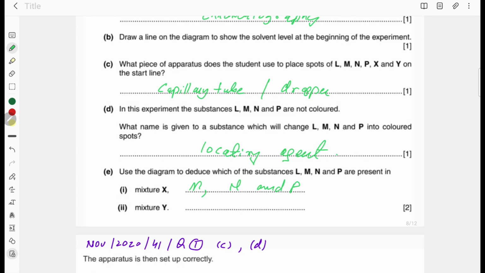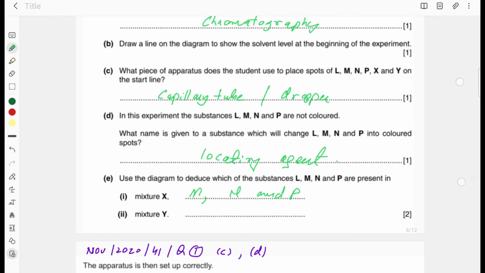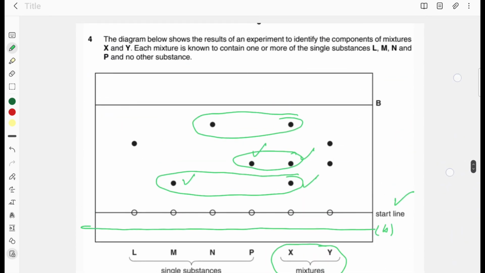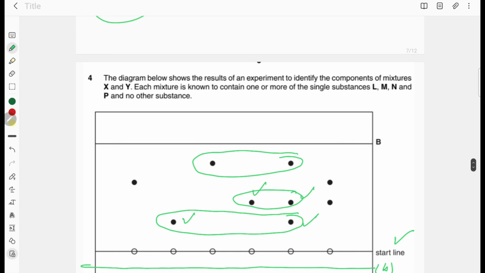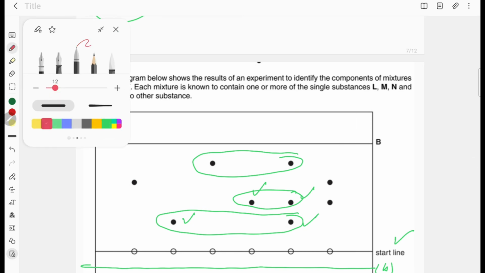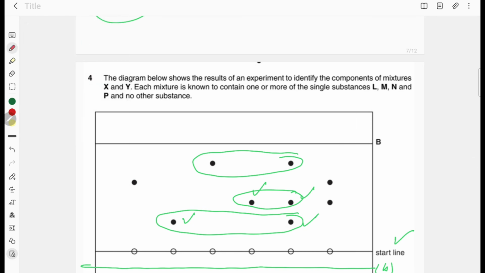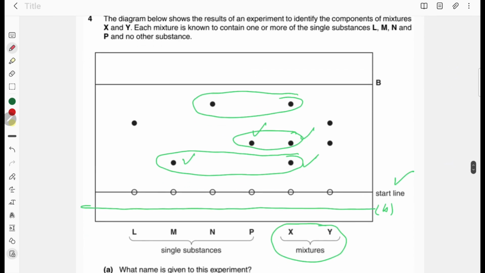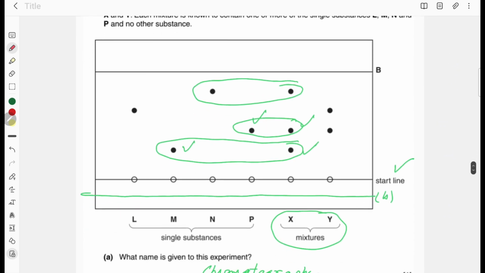Now let me use some other color. Now I'm going to mixture Y. See, mixture Y contains P, this.